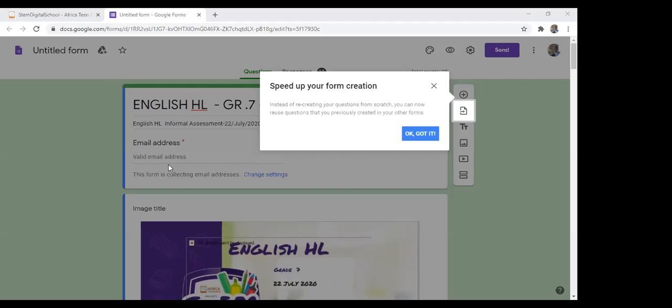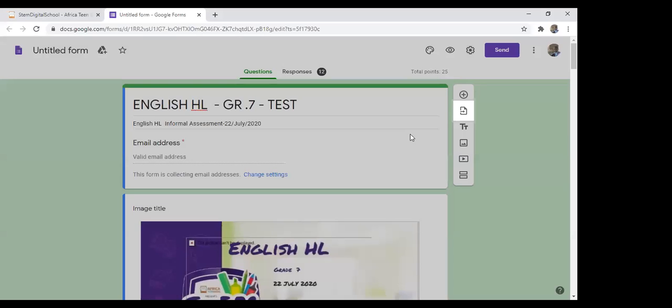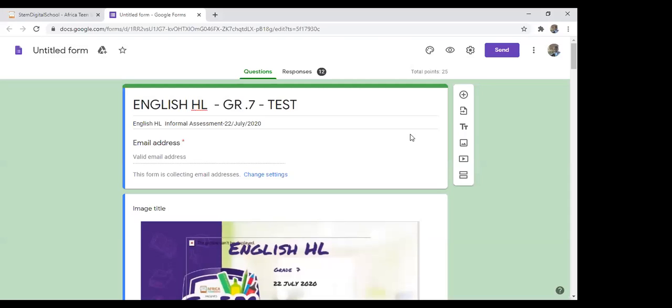This is how it is. So this is how you had to access the paper. All right, okay, so this is the paper, English Home Language for Grade 7.